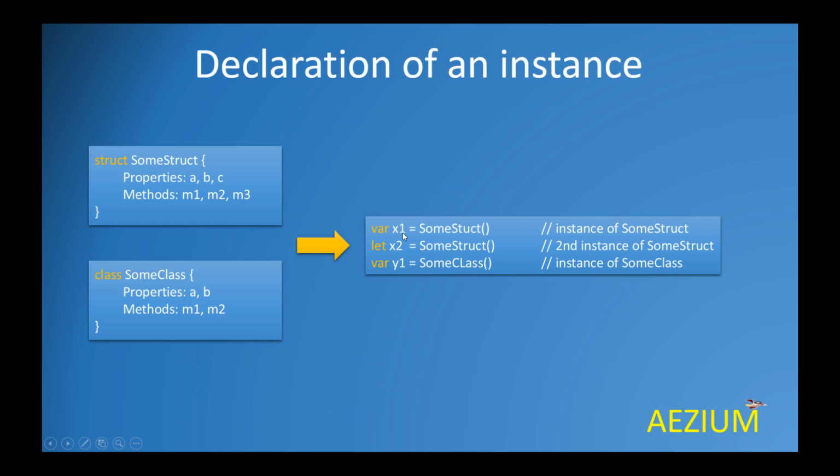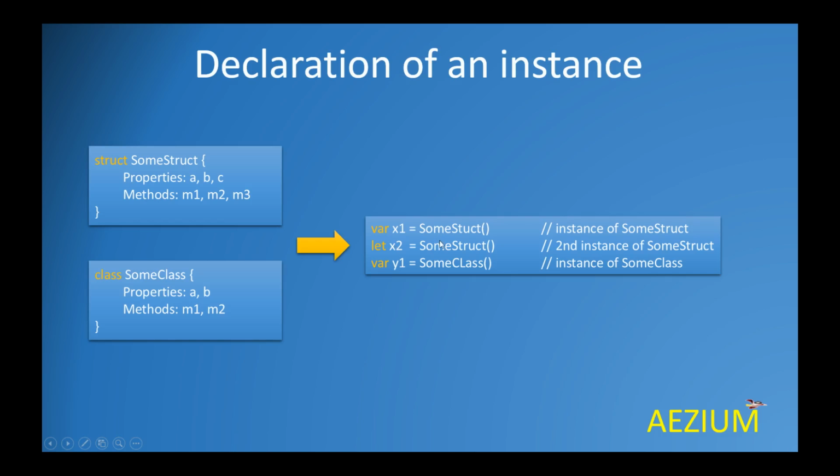So these would mean that x1 is a variable, and we are assigning an instance of the structure SumStruct to x1. The second assignment here is done by first declaring a constant called x2, and then we are assigning a new instance of SumStruct to x2.